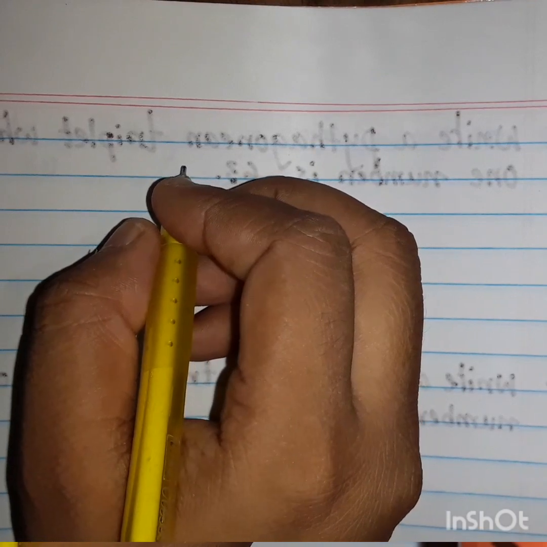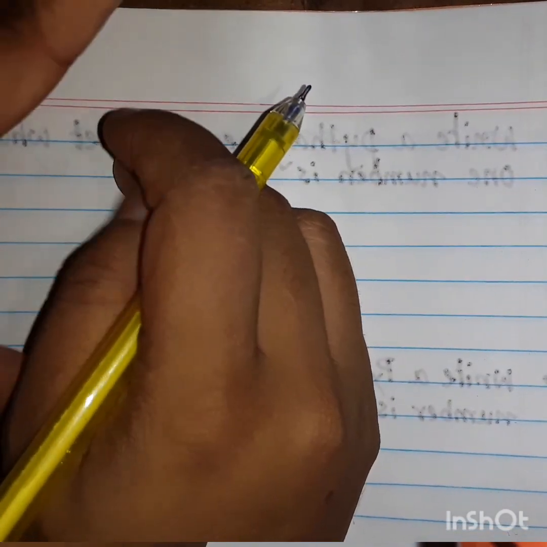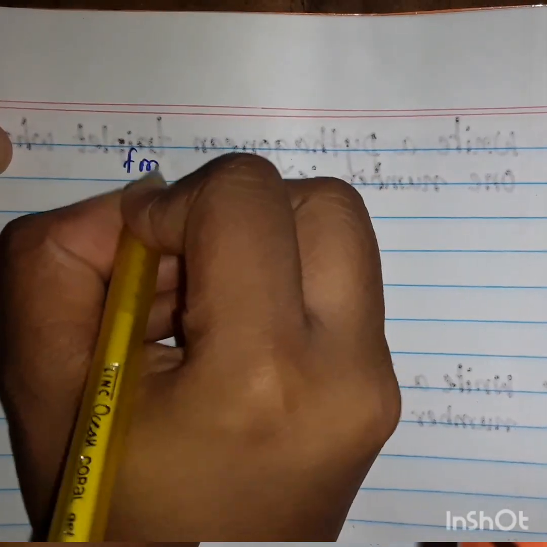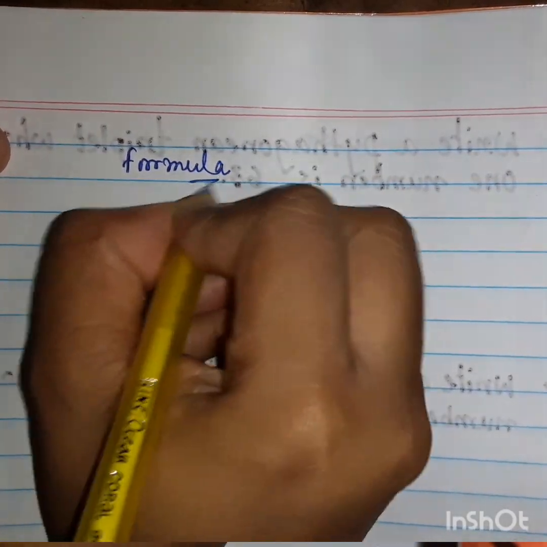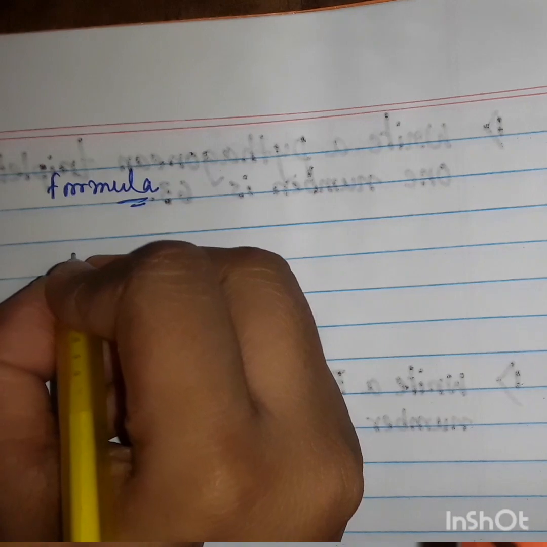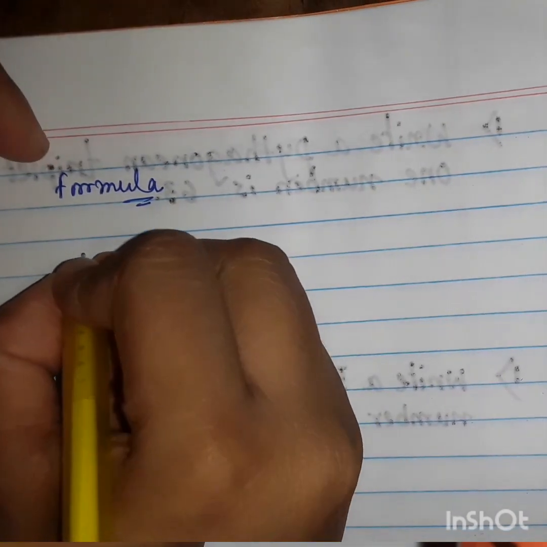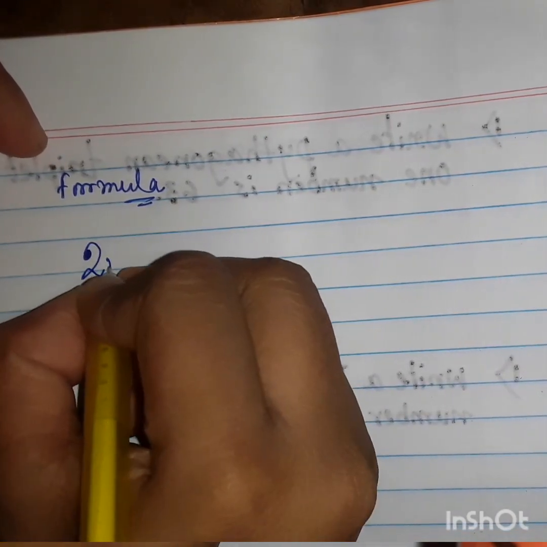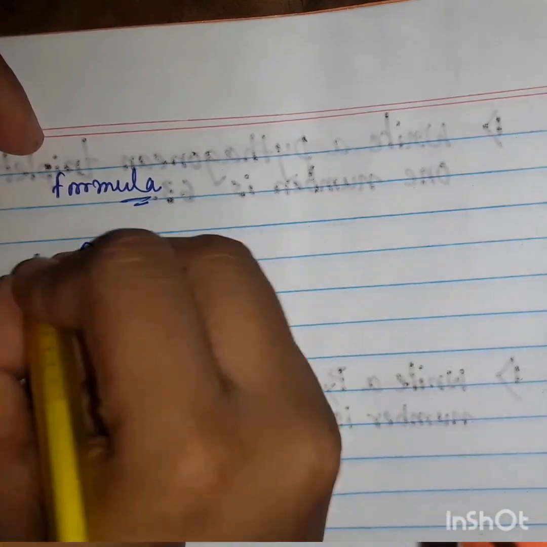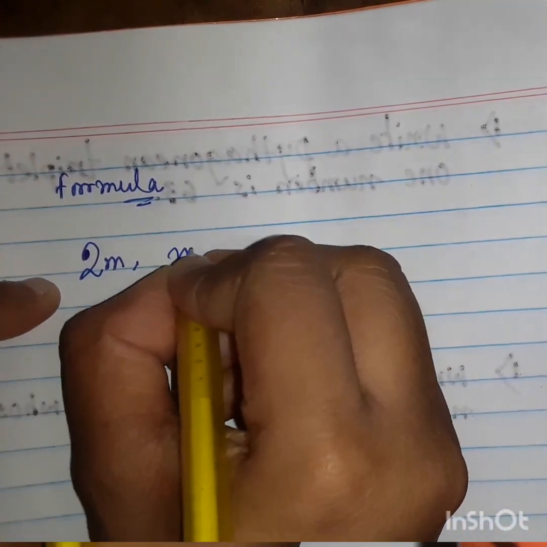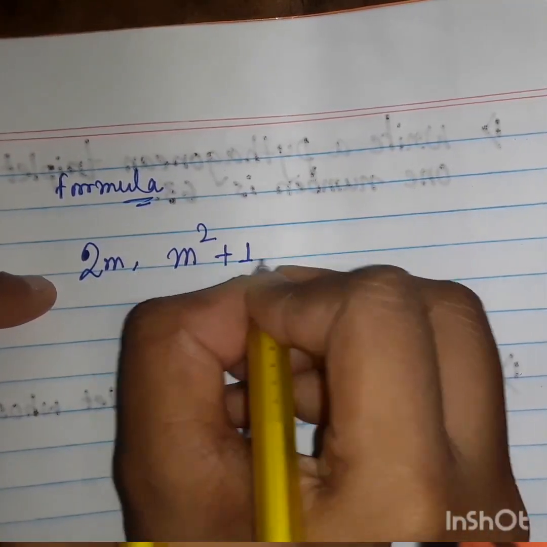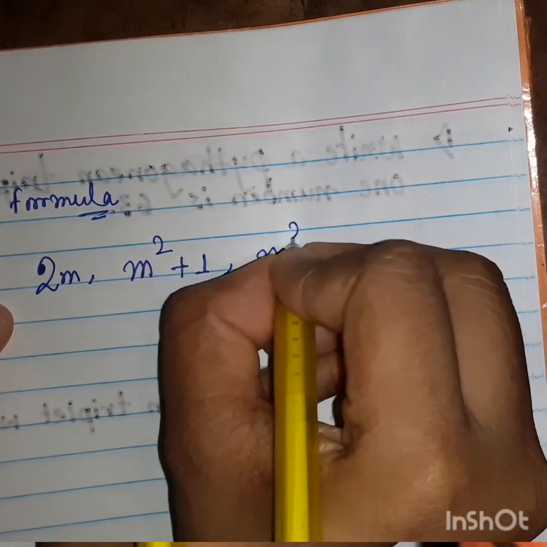But if I have to find a set of three numbers which is a Pythagorean triplet, then we have to apply the formula of Pythagorean triplet. So what is the formula of Pythagorean triplets? A set of three numbers must be in the relation like: first one is 2m, second one is m square plus 1 and third one is m square minus 1.